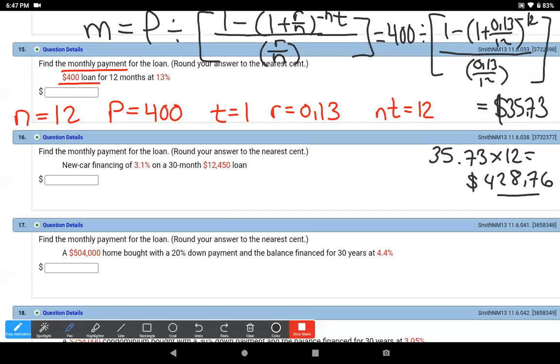So it looks like they're charging us some interest, but we definitely get back to our 400. So I'm calling this a win at 35.73, right? I think we could probably enter it in here, but I haven't been entering anything in. Let's see. I think I forgot to write that one down.